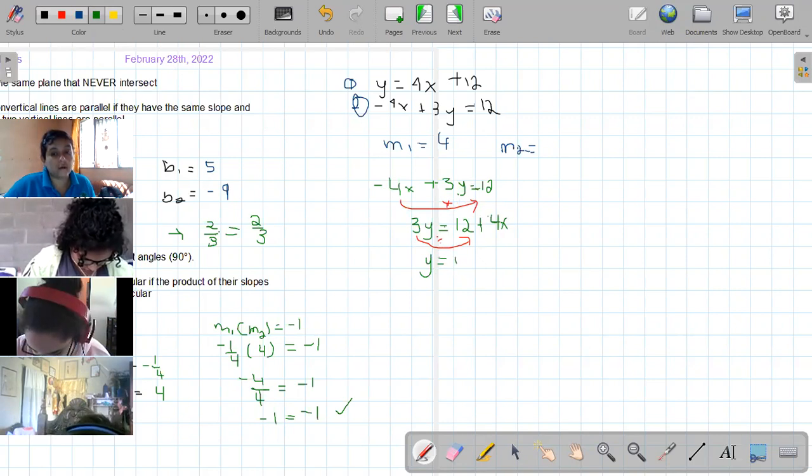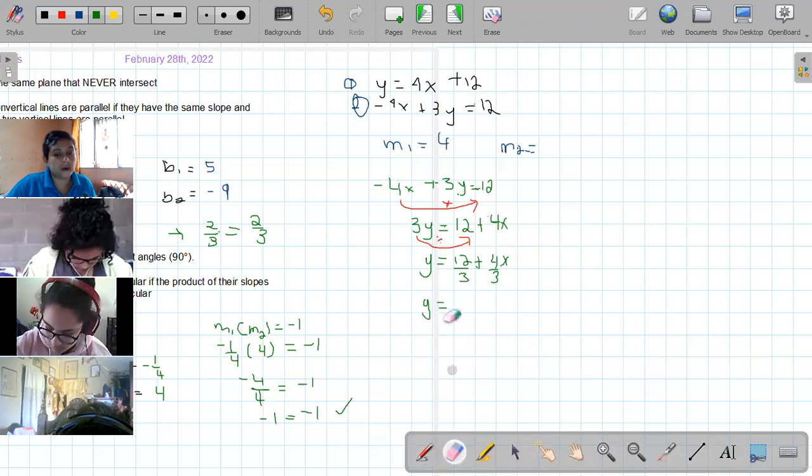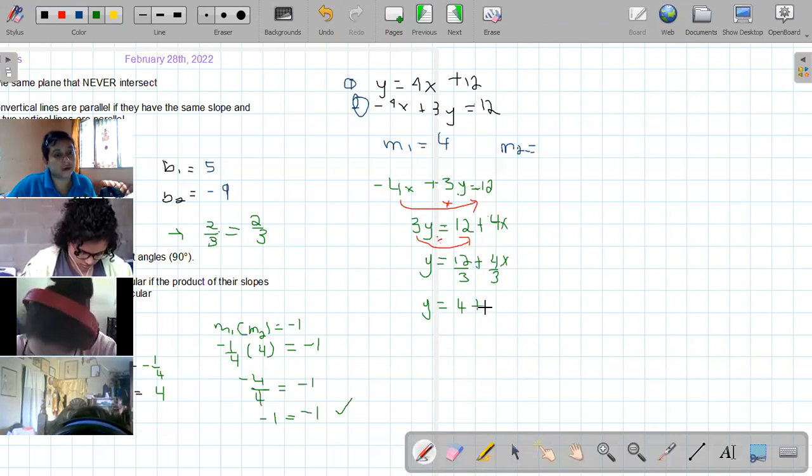So I'm going to have 12 divided by 3 plus 4 over 3x. And I'm going to simplify before doing anything else. So y is equal to 12 divided by 3, 4, plus, can I simplify 4 over 3?